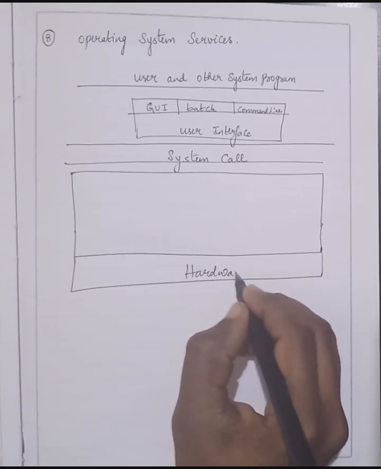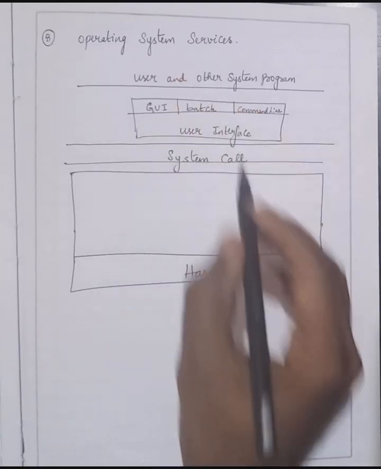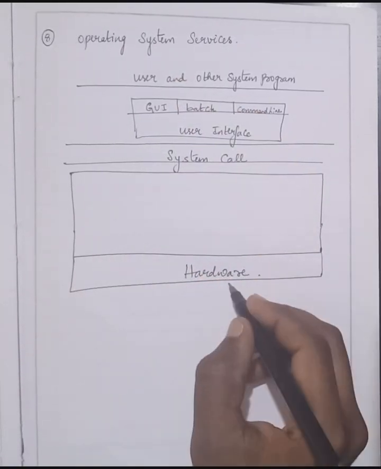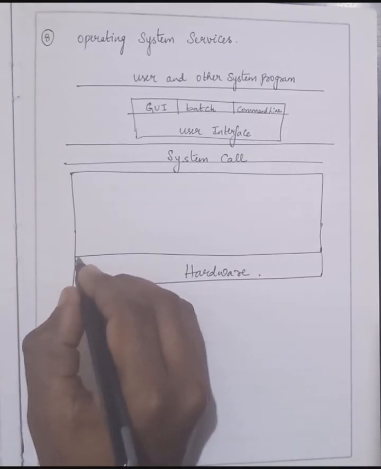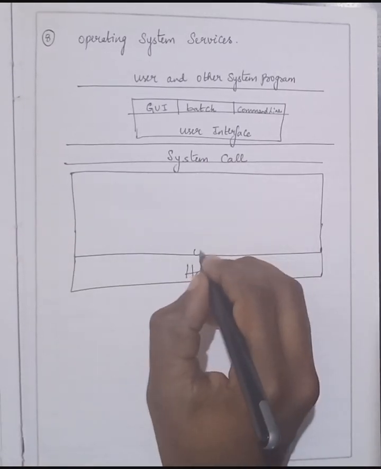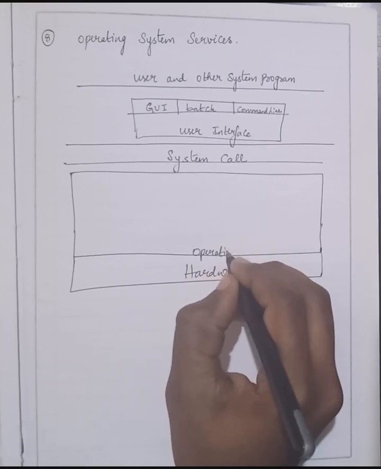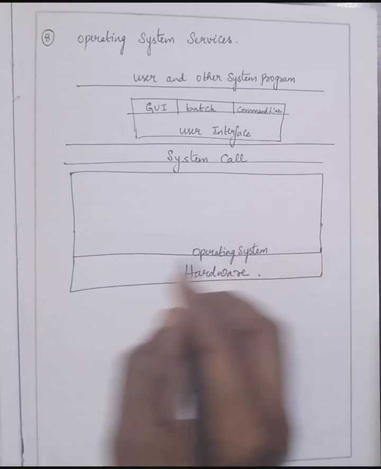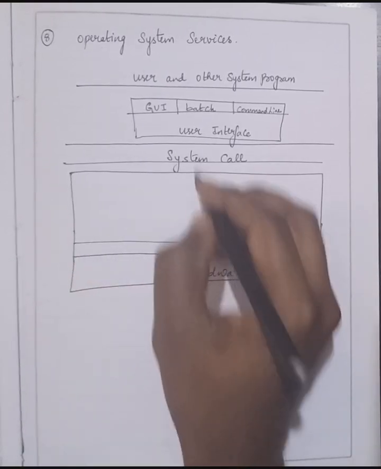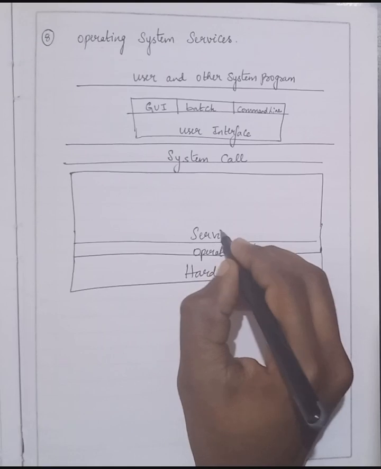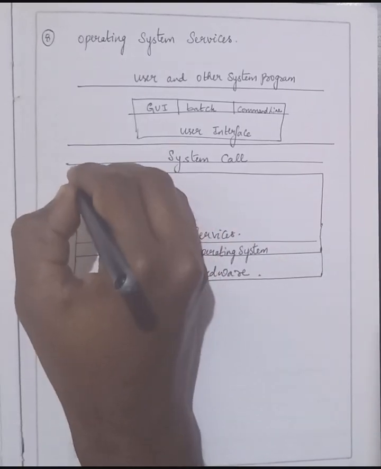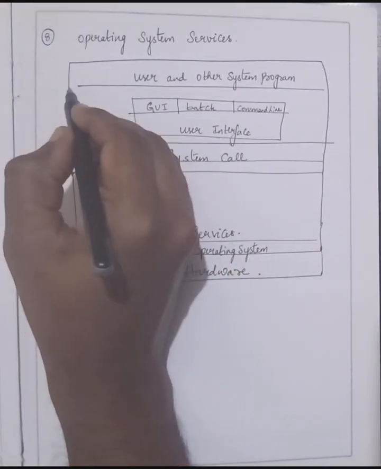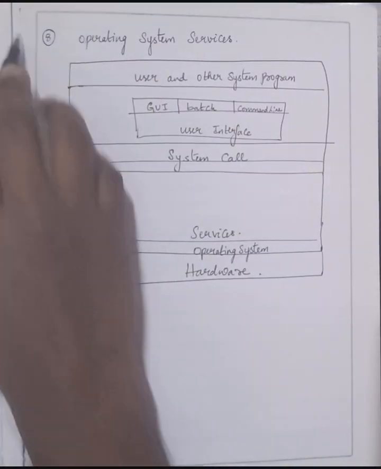Here we are going to write all the services supported by the OS. This operating system will have some services, so we'll list all the services inside this box and join these boxes. This is the diagram you need to write whenever they ask you to explain about operating system services.